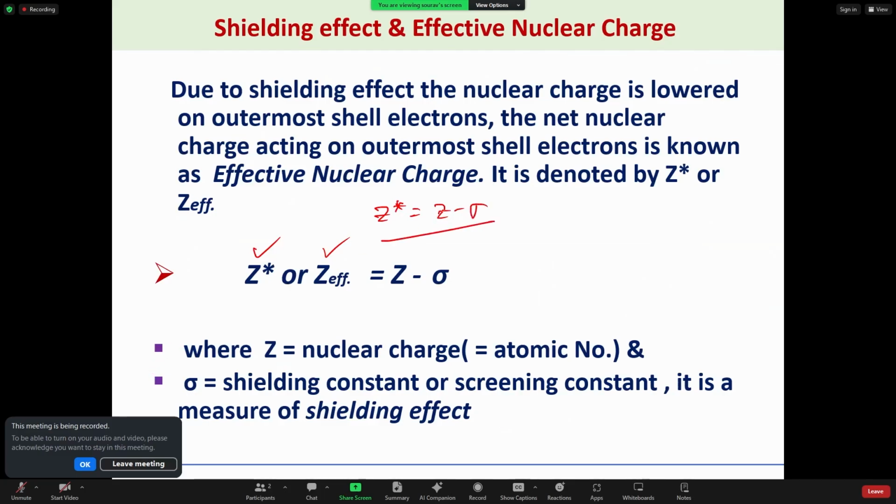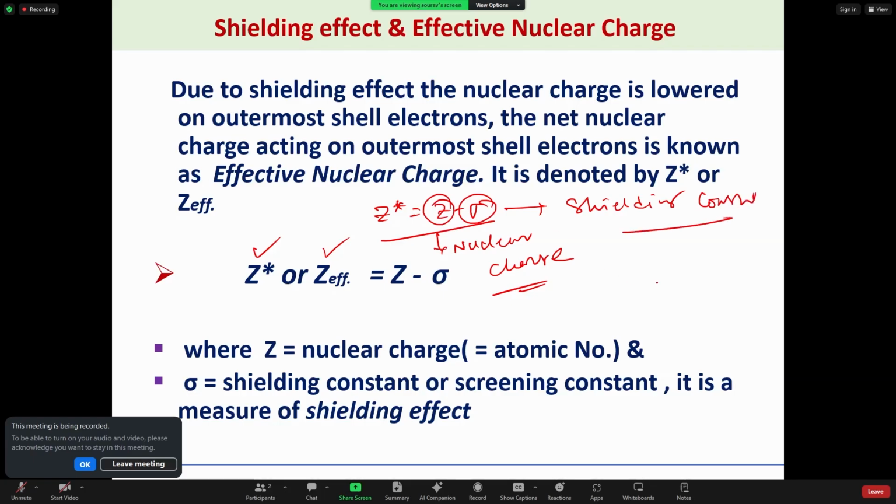What is that? Z is equal to the nuclear charge. But sigma is the shielding constant. That means due to the inner shells, how much the inner shells actually shielded this electron from this nucleus.